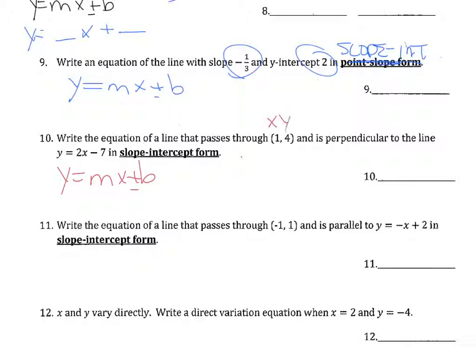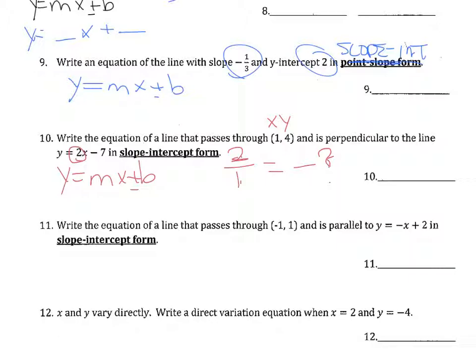Here's your x, here's your y. And what do we got to do with this slope? The slope of this line is currently 2/1. What's it got to be if it's perpendicular? Remember what we do with this slope? We got to change a couple things.